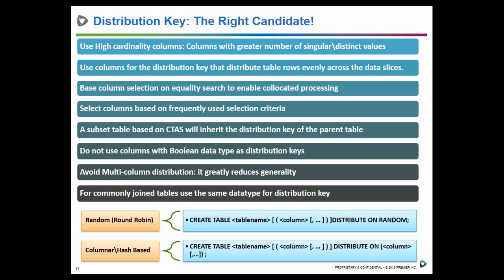If you distribute that same table on, say, patient or encounter, which is a little lower cardinality than clinical results, but still a high cardinality, you will find that all your John Doe patient's encounters, all his specimens that were withdrawn from him over the multiple encounters, and all the clinical results are living in the same SPU. And as we know, we never really query data for one single patient.